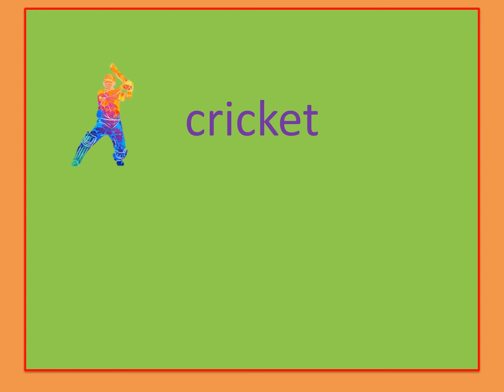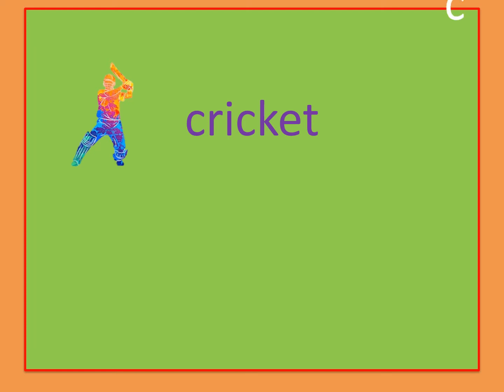Students, you can read this also. What is this? Cricket. This is also a word. Do you know the meaning of this word? This is one type of game. This word is also formed from letters. How many letters have been used to form this word? Seven letters.